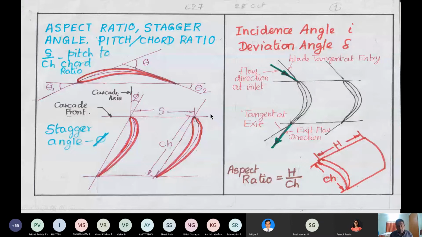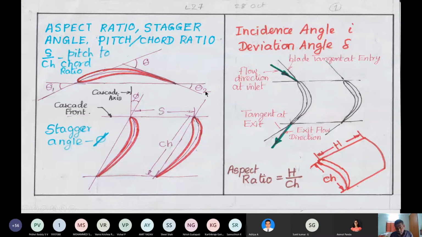Then the other one I wanted to talk about is the stagger angle. When you have a blade profile, when you keep it on the flat surface, you get the angles theta 1 and theta 2. Theta 1 at leading edge, that's the angle between the tangent drawn at the leading edge to the camber line and the horizontal direction.